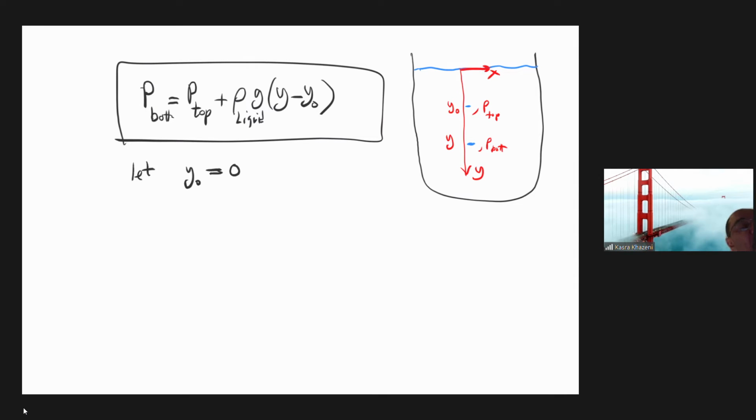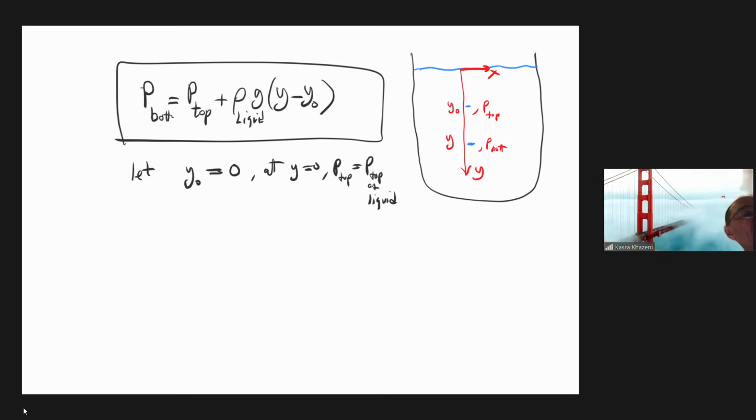Then at y equals 0, of course, P becomes P on the top of the liquid.